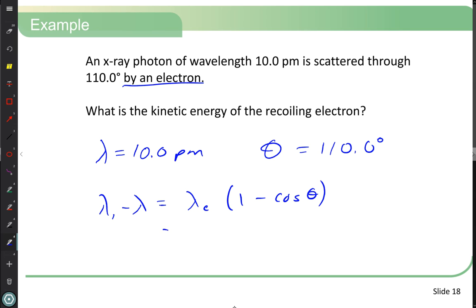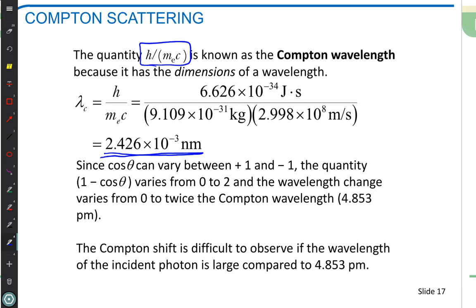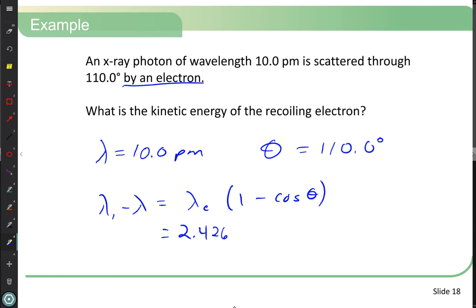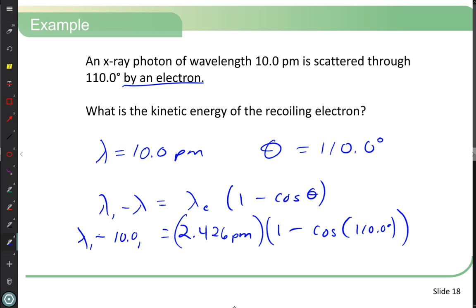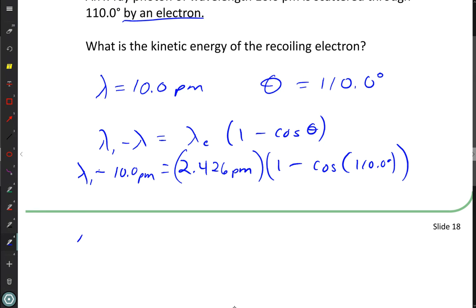That Compton wavelength was 2.426 picometers, and I put in the 10.0 picometers for my initial wavelength. So that means that I put a 1 down on bottom instead of on top. I meant to do it like that.